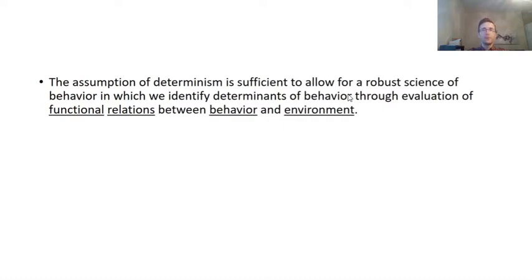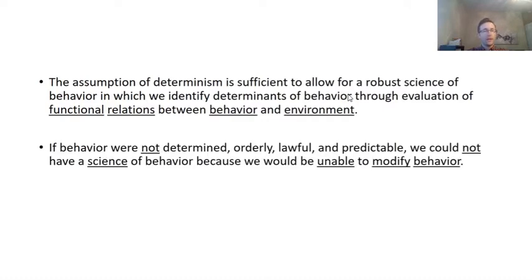There have to be orderly, lawful, predictable changes in behavior that we can discover. So if behavior were not determined, then orderly, lawful, and predictable, then we couldn't have a science of behavior, because we wouldn't be able to modify the behavior.